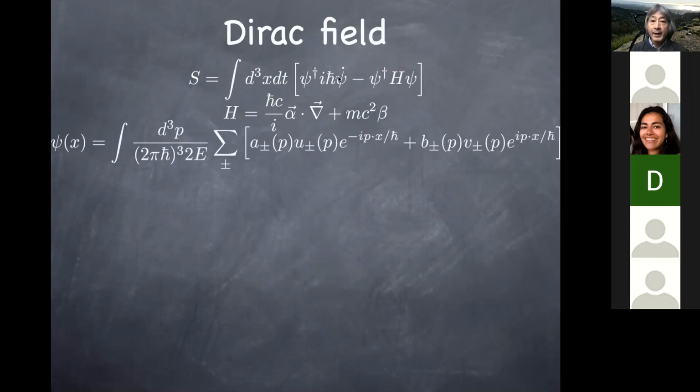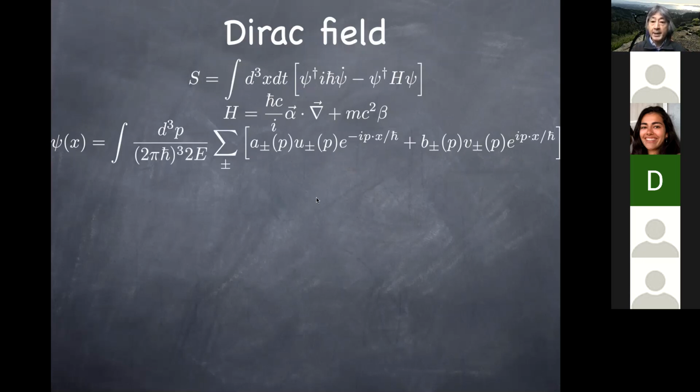And then I do the mode expansion of the field psi using the positive and negative energy solutions. Notice that here I have minus sign correctly for the positive energy solutions and plus sign correctly for the negative energy solutions, and introduce the annihilation operators A and B for positive energy solutions and negative energy solutions for either helicities plus or minus h/2.